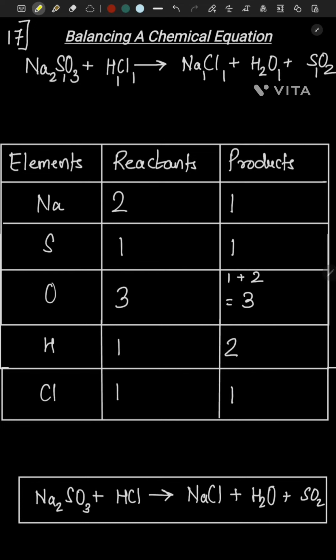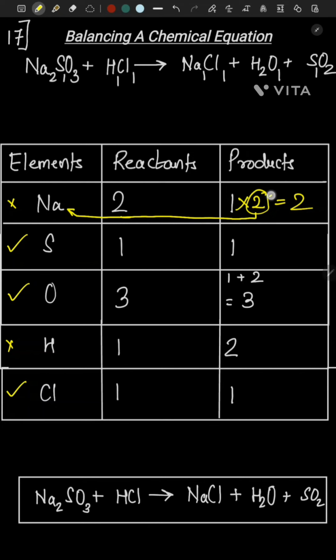When we check now, it is seen that sulfur, oxygen and chlorine are already balanced, whereas sodium and hydrogen are not. So let's start with the first atom. The first element is sodium, we have 2 here and 1 here. We all know it's very simple to make it 2 just by multiplying it with 2. So I am multiplying 2 to which element?